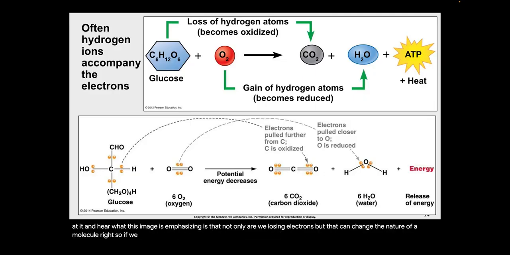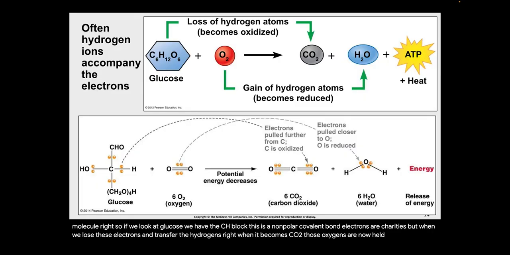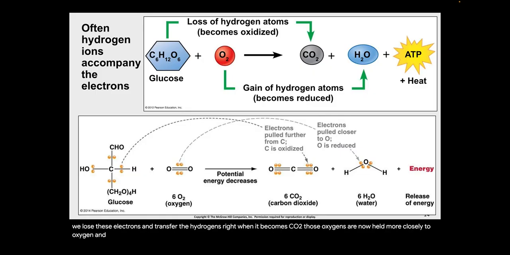So if we look at glucose, we have the CH bond. This is a non-polar covalent bond. Electrons are shared equally. But when we lose these electrons and transfer the hydrogens, right, when it becomes CO2, those electrons are now held more closely to oxygen, and it's part of a polar covalent bond. So these electronegativities can change as well, right? But I want you to really focus on big picture here, right?